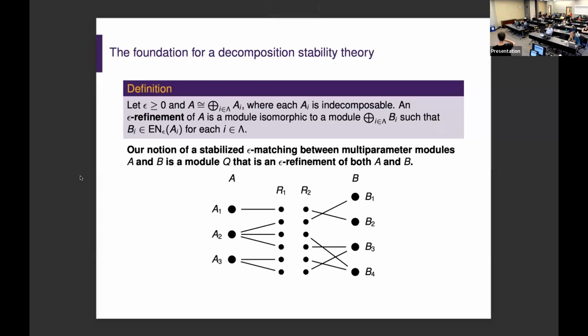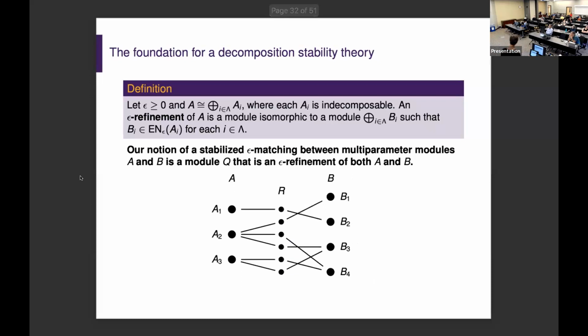So we're splitting apart potentially some of the elements of the barcodes, and then we match afterwards. And actually, when we're doing this, we can just skip the matching and just look for a common refinement of the two modules. So yeah, this is our notion of a stabilized epsilon matching.